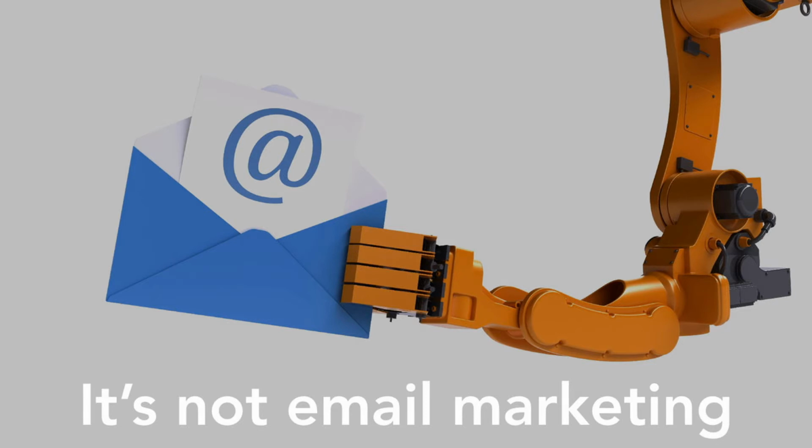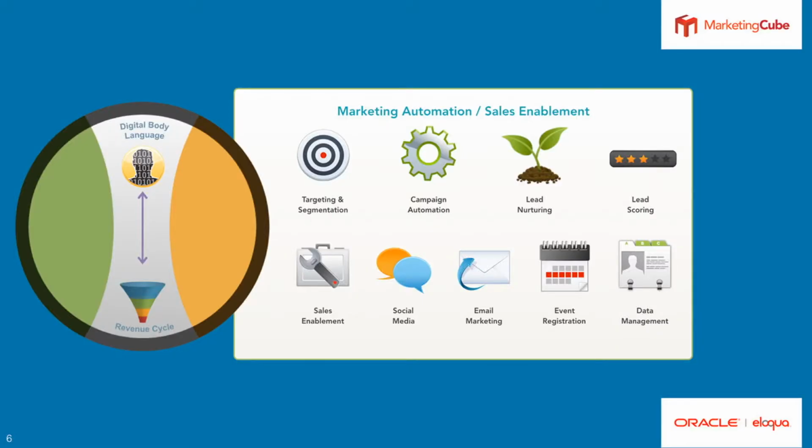So we want to look at how marketing automation really makes a difference and how you do that with Eloqua. Some of you may have seen this diagram previously. It outlines some of the key areas and functions of the Eloqua platform. As you can see, we highlight one of those areas as being email marketing. And yes, Eloqua enables you to do that. Of course it does.